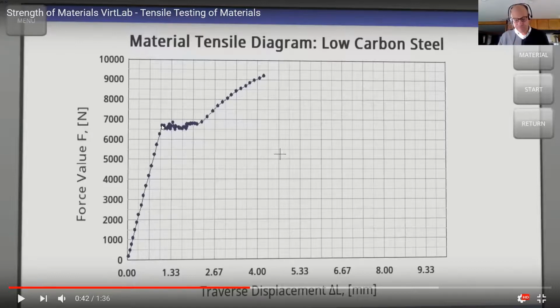That's the first thing. And the second thing is, I want to know the original length of that tensile specimen. So what is the radius of the tensile specimen if the maximum normal stress is 500 megapascals, and I want to know what the original length is.